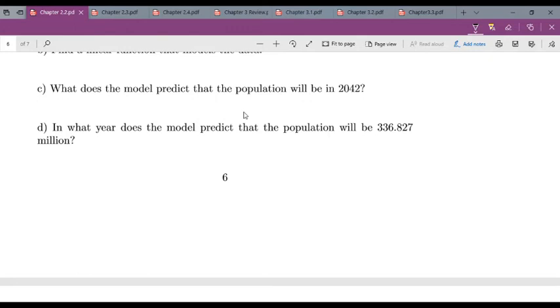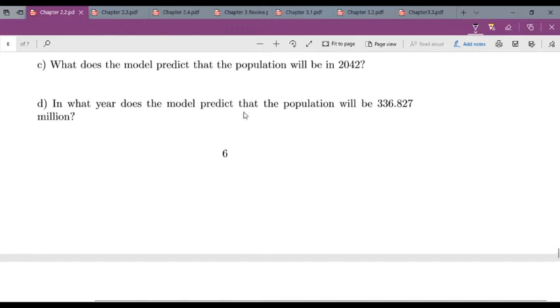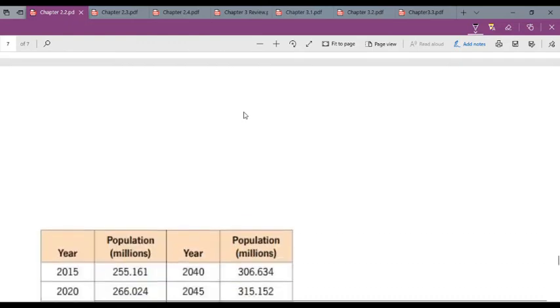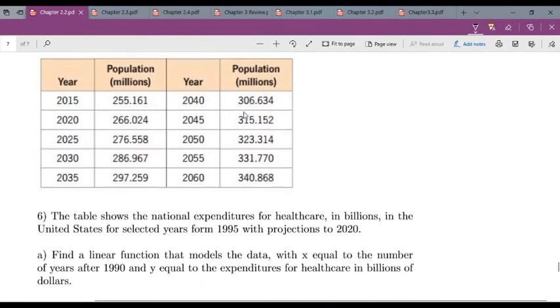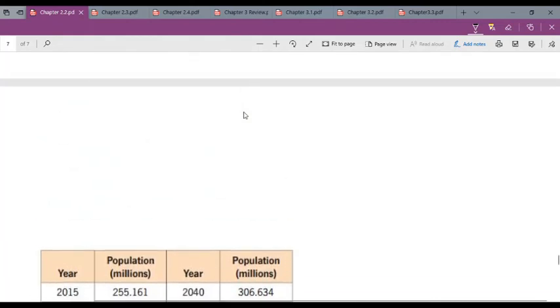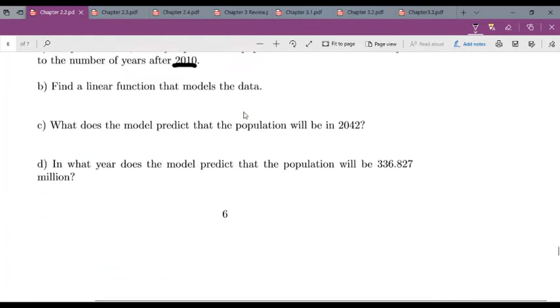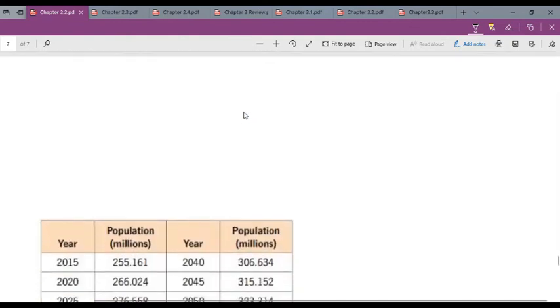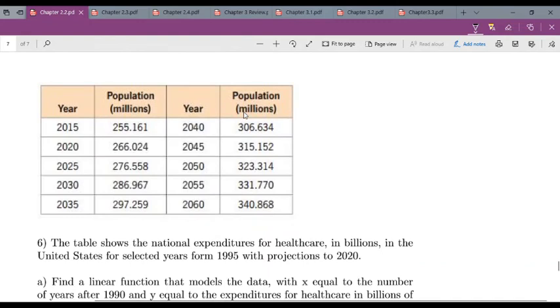And D says in what year does the model predict the population will be 336.827 million. Okay, and it gives us this list here. So we have to adjust it for the year 2010, and then we'll go over to the calculator, type it all in, and find all the answers to the subsequent questions.